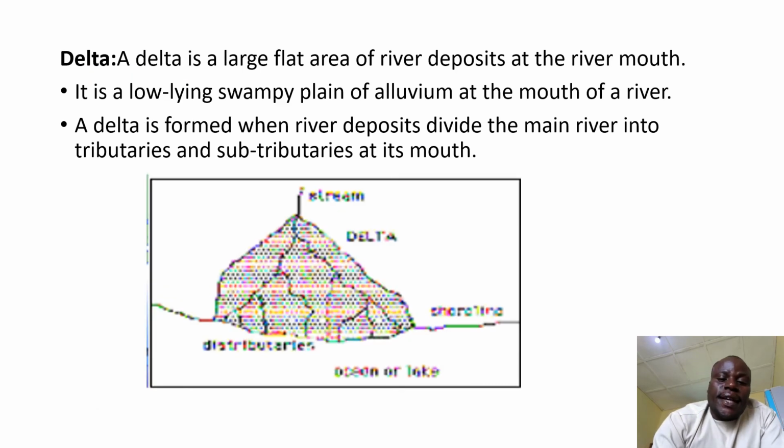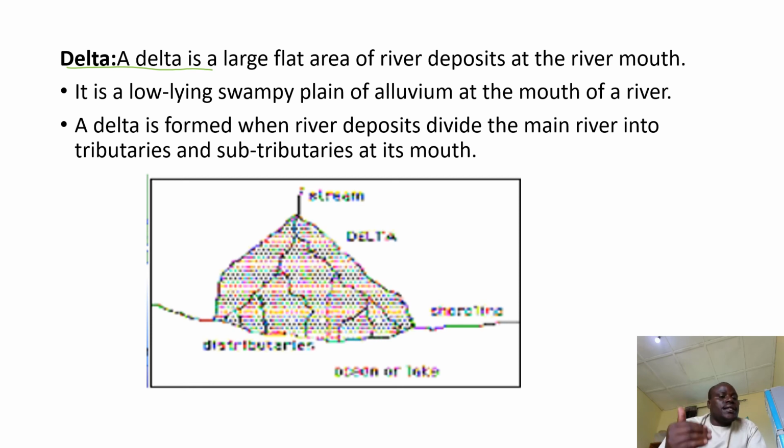We have a delta. A delta is a large flat area of river deposits at the river mouth. As the river enters or joins the sea, it deposits, because that is the time when deposition is at its climax.